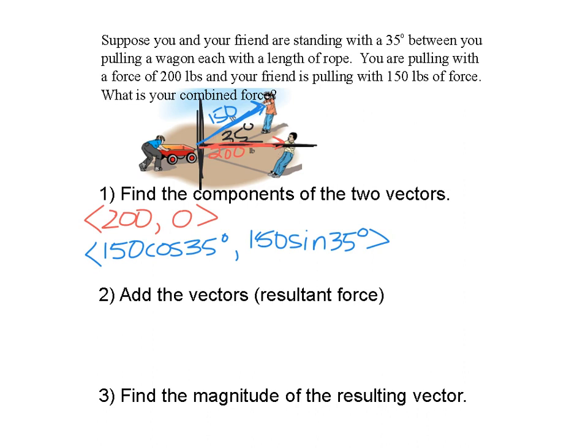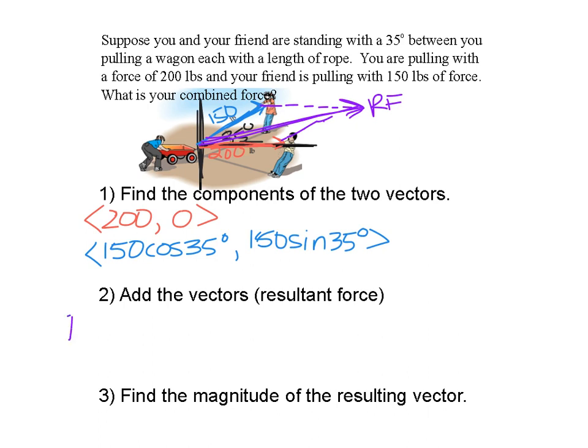All right, now we need to get the resultant force of these two vectors, because we're trying to figure out, if we add those two together, what is that force going out this direction? So essentially we're adding that vector and that vector together to get this resultant force here. We're going to call that RF for resultant force.